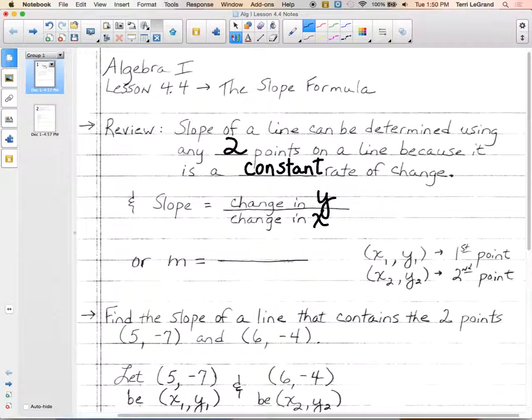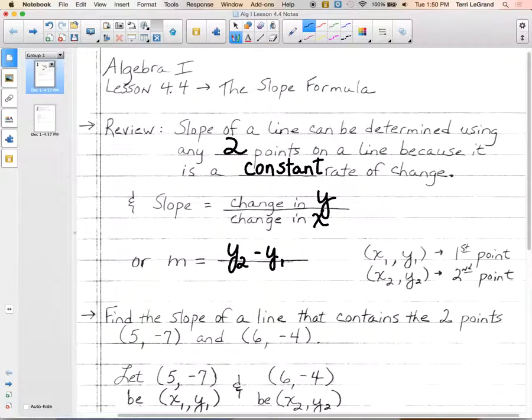Here's what our slope formula is. Y sub 2 subtract y sub 1. Y sub 2 just meaning the y value from one of the 2 points. In this case, we'll call it the second point. Take away the y value from the other point. Y sub 1 we can call the first point.